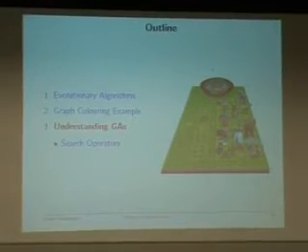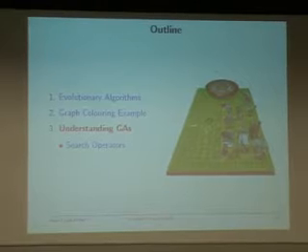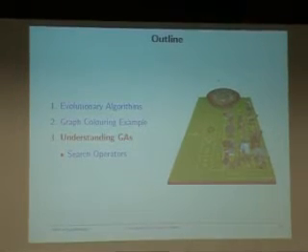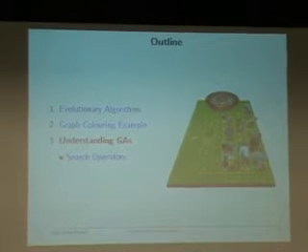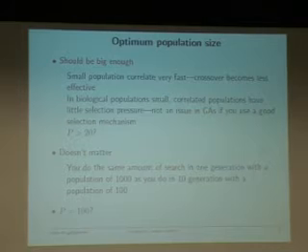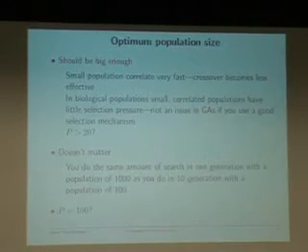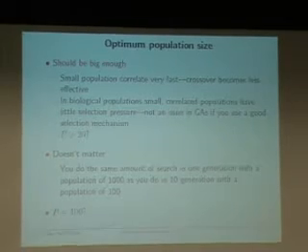Okay, so I'm going to finish by taking you through those sorts of operations a little bit more slowly and discussing ways of thinking about those operations. So one of the questions you ask is, well, how big should a population be? Okay, so this is an engineering question, this isn't a biological question.